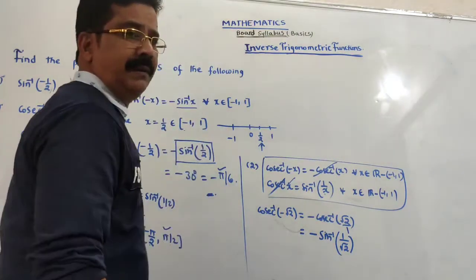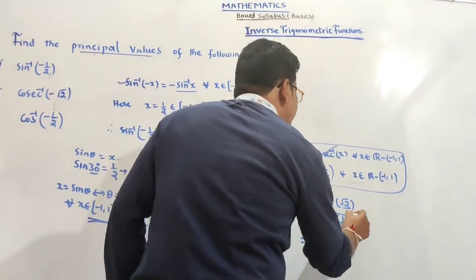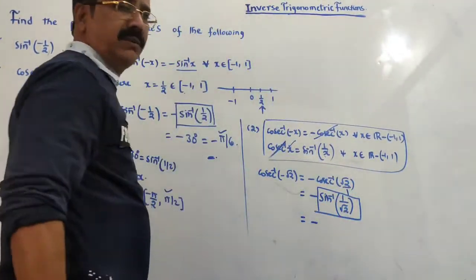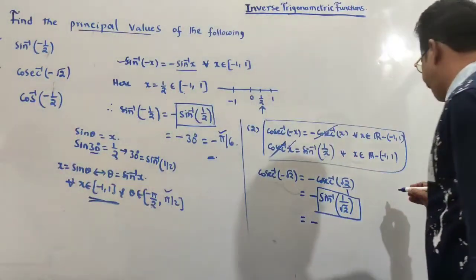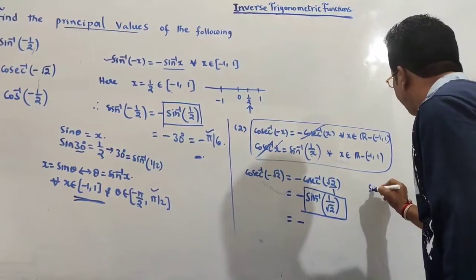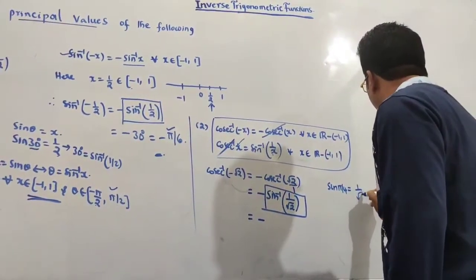That is equal to minus sine inverse of 1 by root 2. Here actually sine 45 degrees, which means sine pi by 4, equals 1 by root 2.